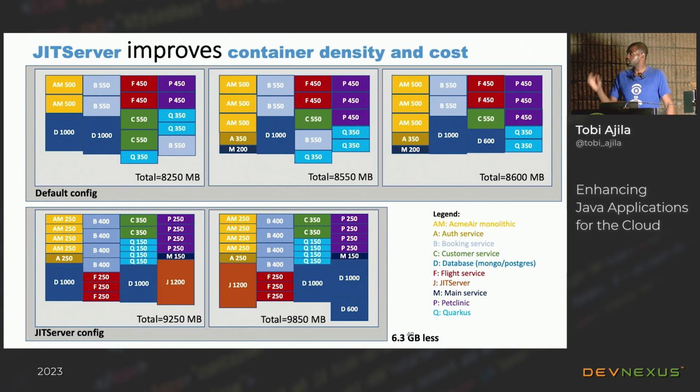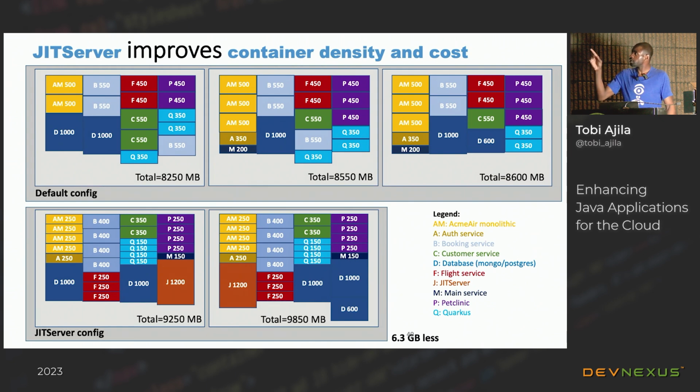The difference between the two configurations is that the nodes in the bottom configuration are sized 150 to 250 megs smaller. That's because the bottom one is using a JIT server, so you don't need to size the nodes to account for that.